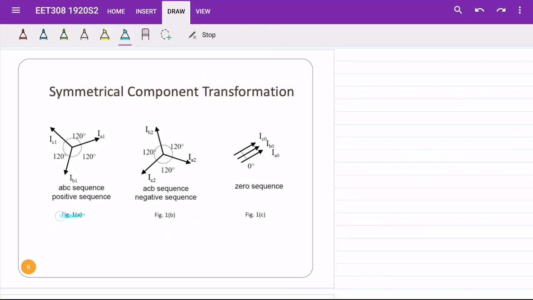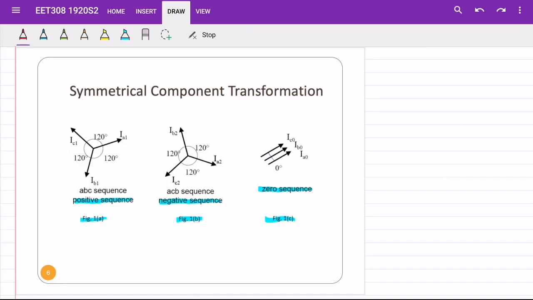Figure 1a, b, and c show a phasor diagram of current for positive sequence, negative sequence, and zero sequence. From figure 1, we can see that each sequence has three different symmetrical components.